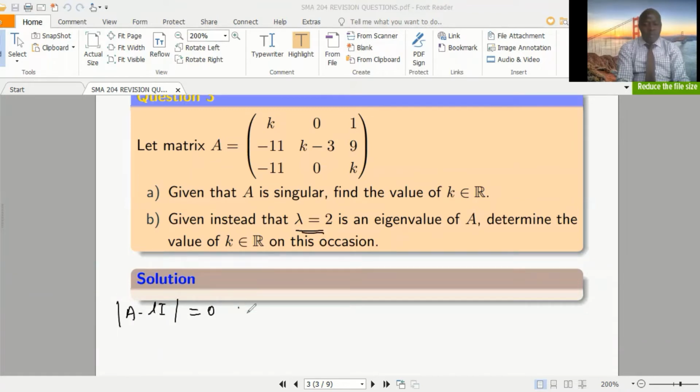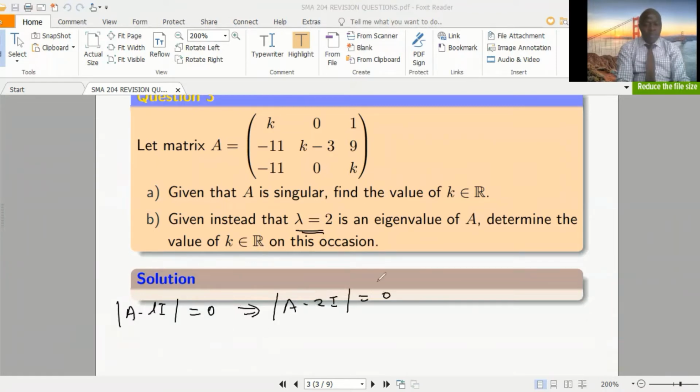That means that if I take A minus 2I and get the determinant, this determinant should be 0. And that will help me to get K.